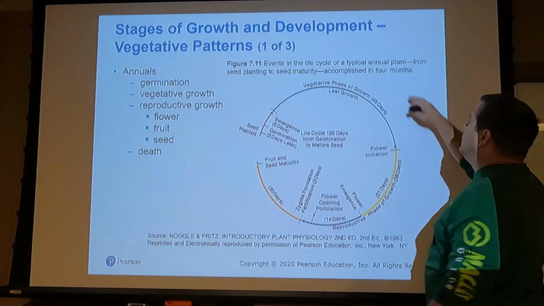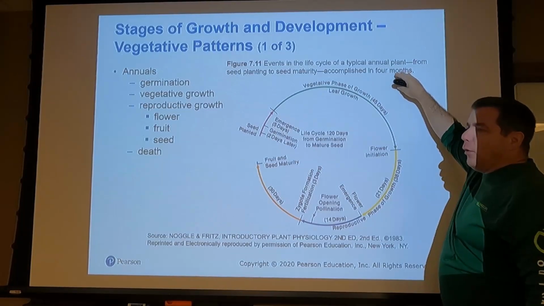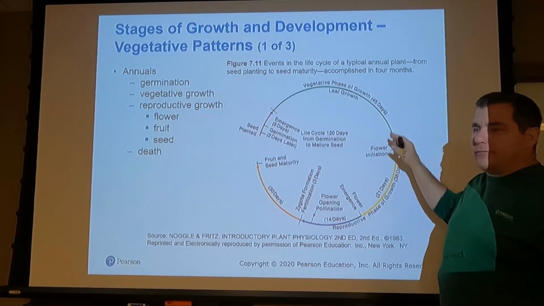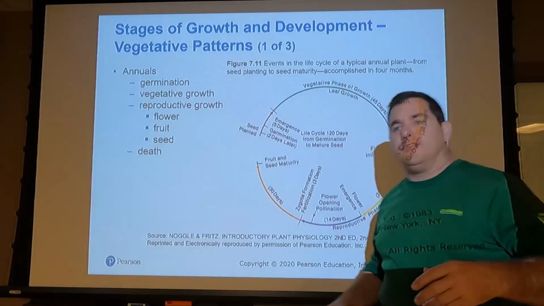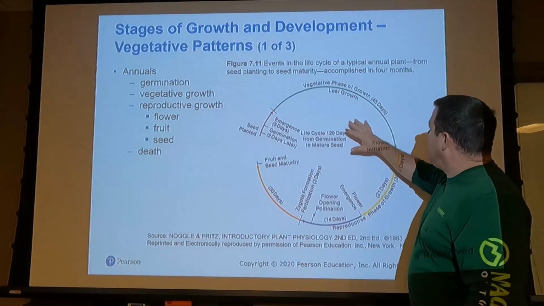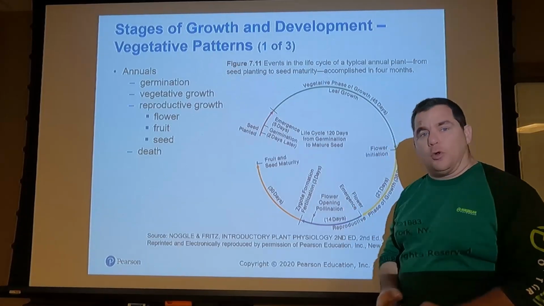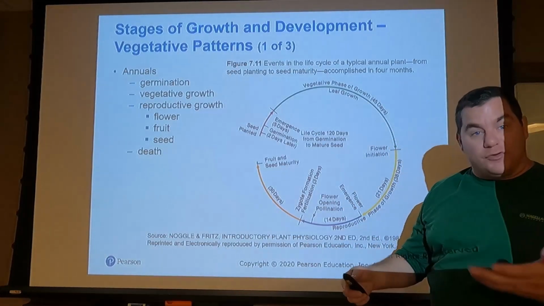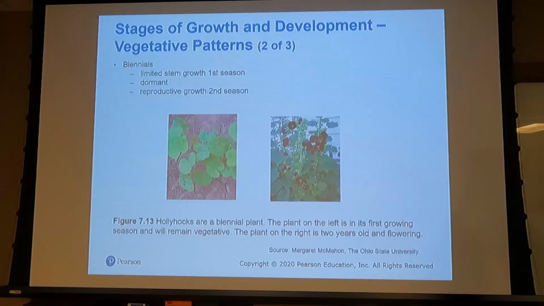That wouldn't be right. 120 days is 4 months. So we have these short season varieties, 100 days, 105, and they complete this life cycle earlier based on growing season, which is again going back to temperature.